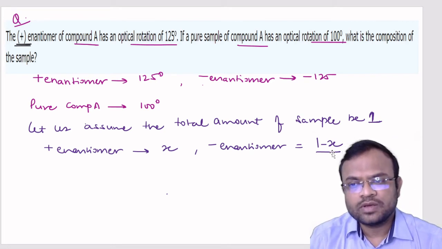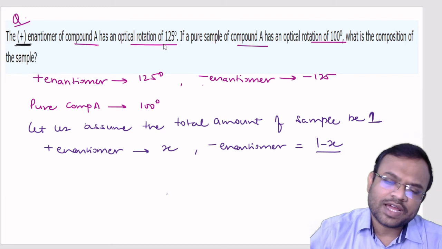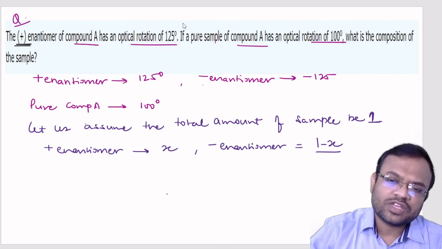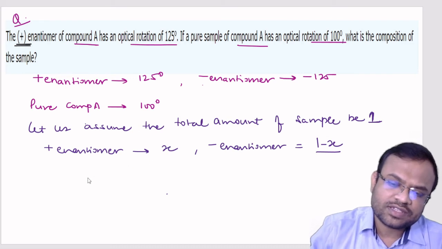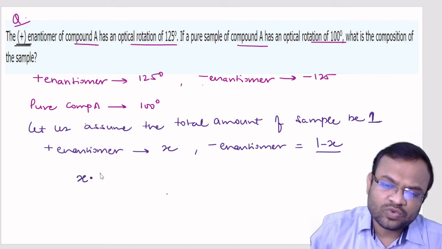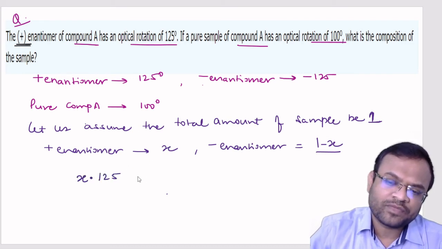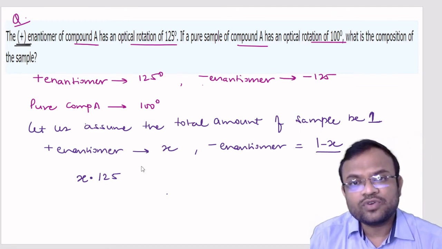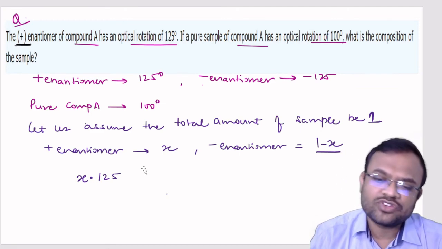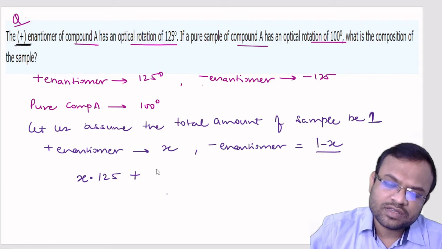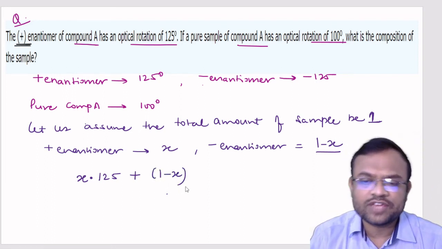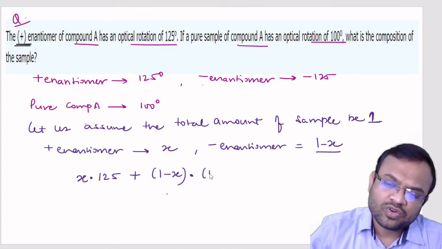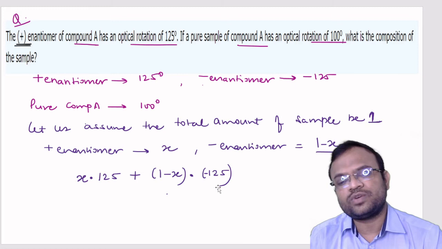So you know that the rotation of the positive enantiomer is 125. So let us consider X into 125, and we also have to consider the rotation by the negative enantiomer, plus (1 minus X), which is the amount of the negative enantiomer, into its rotation, minus 125.